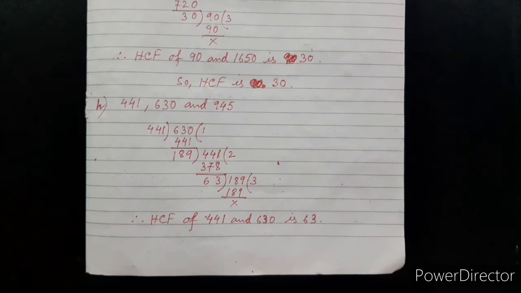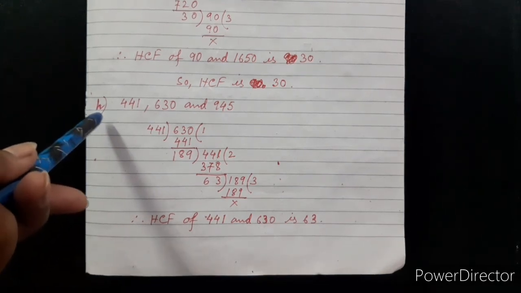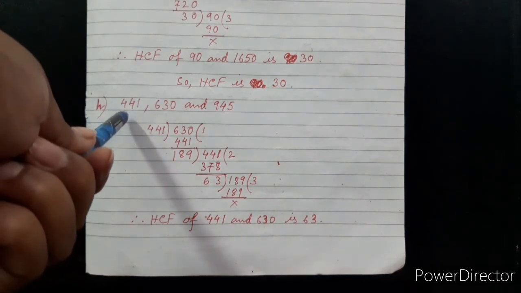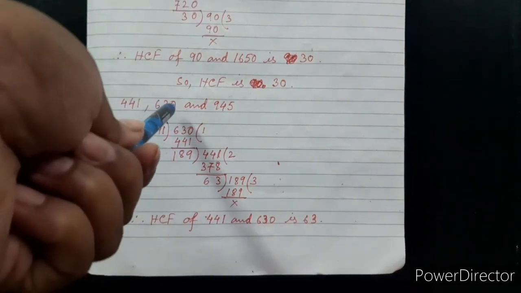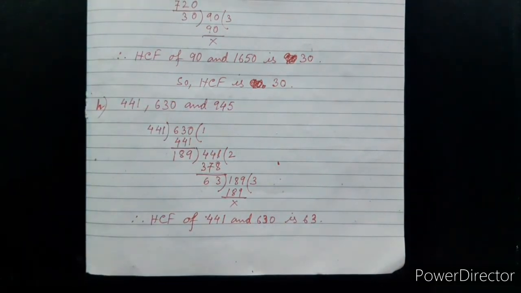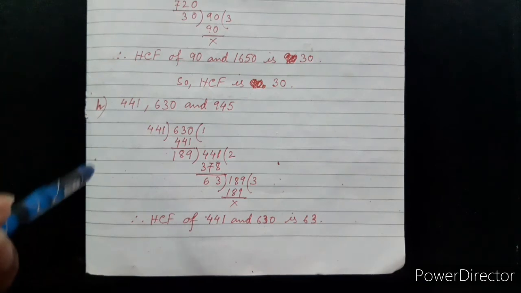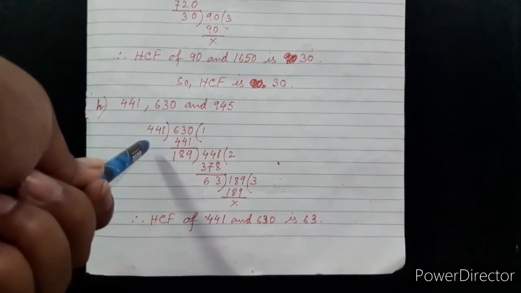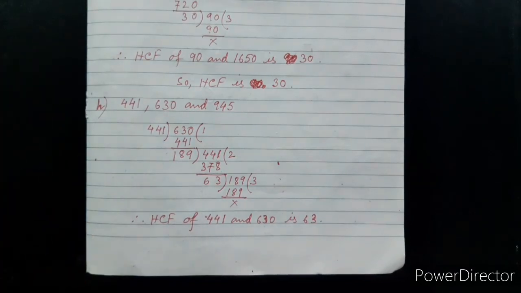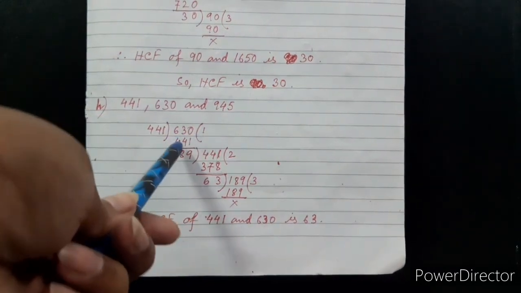Now the next sum. 7H. Find the HCF of 441, 630 and 945. First we consider the first two numbers. 441 is smaller, so we divide 630 by 441. 441 ones are 441.